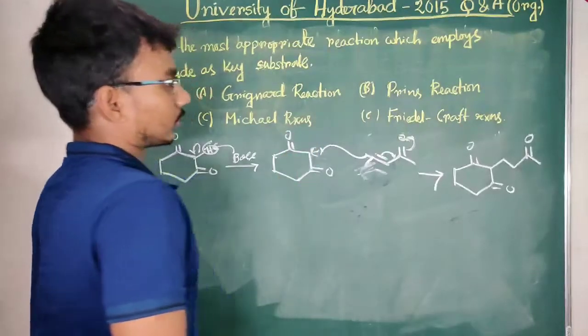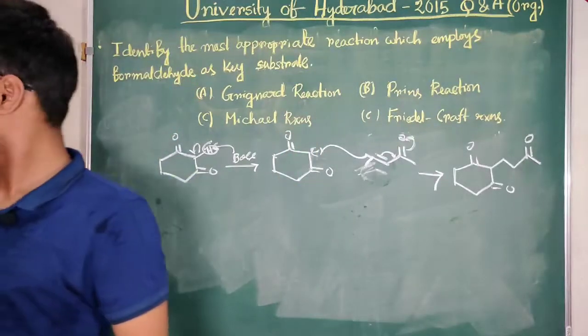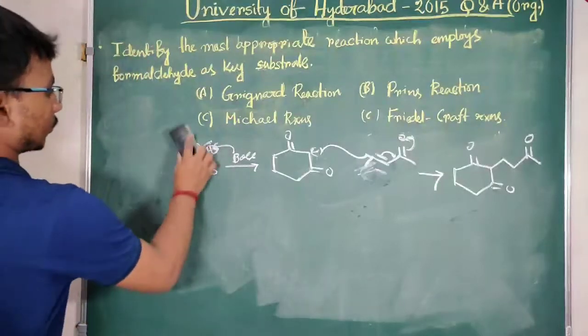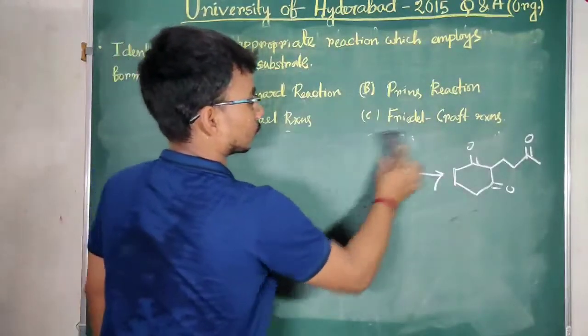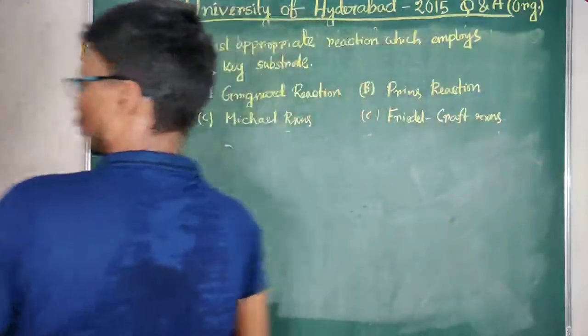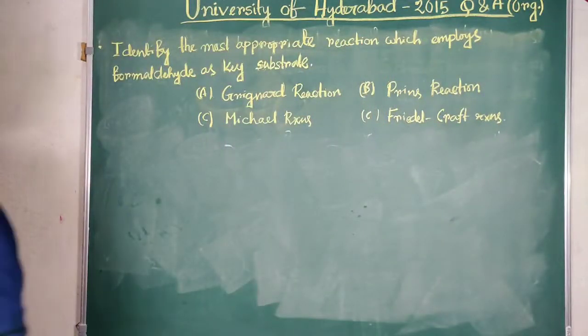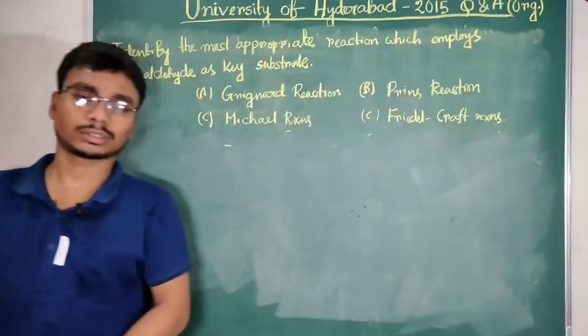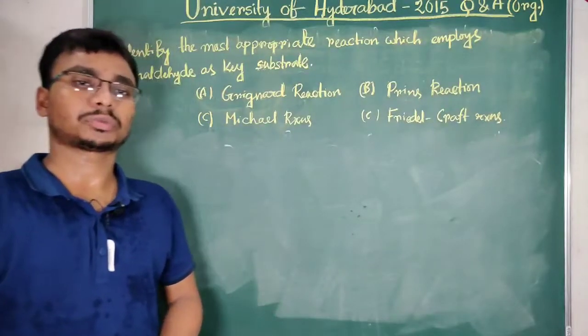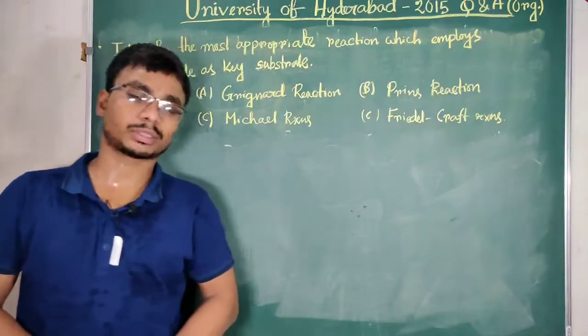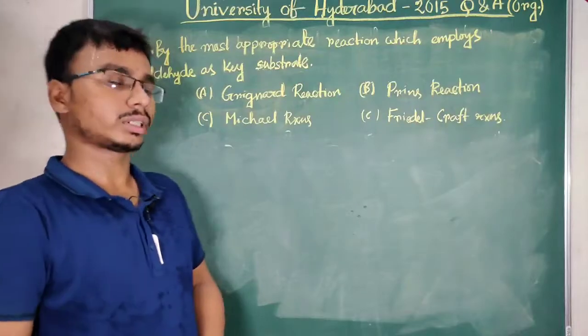Friedel-Crafts reaction. It's also a well-known reaction. We know about Friedel-Crafts alkylation and also acylation. You know which is useful? According to you, which is useful? Yes, correct. Friedel-Crafts acylation. Why?